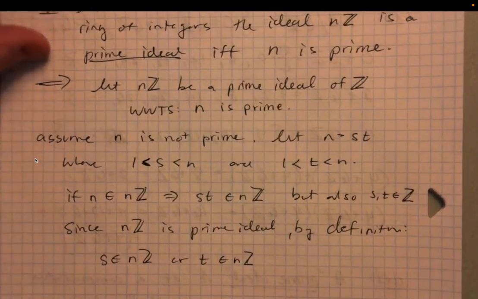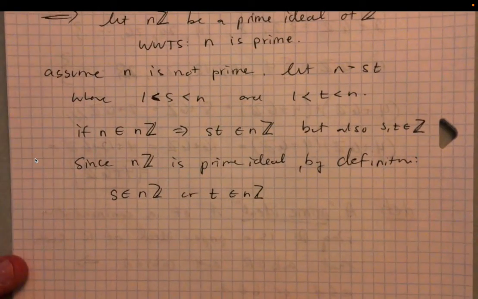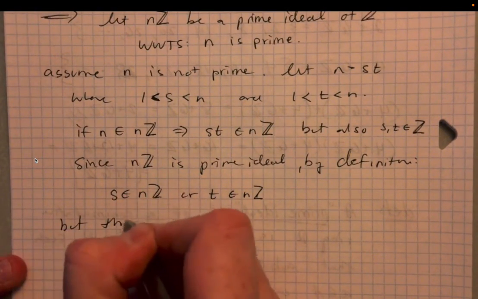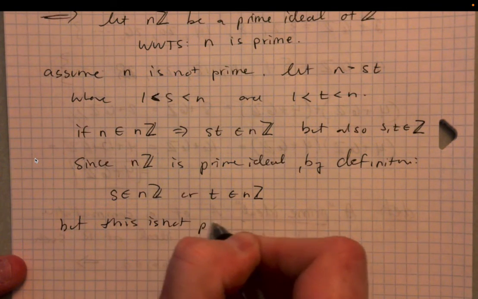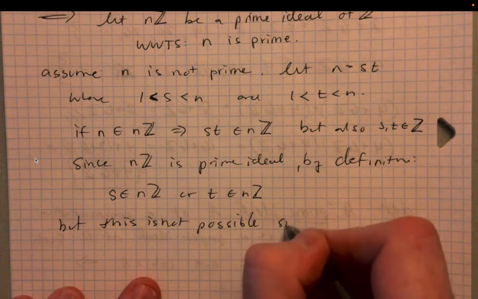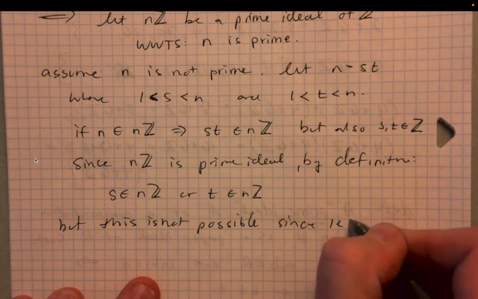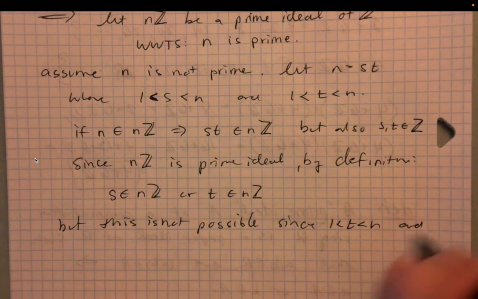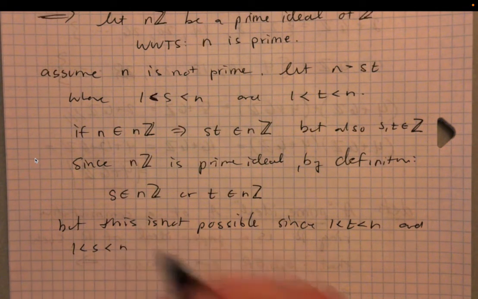But this is not possible. Why? Since 1 is less than t, which is less than n, and 1 is less than s, which is less than n.